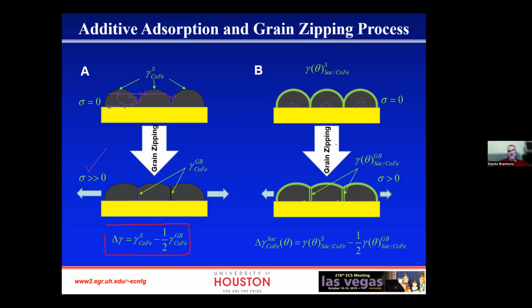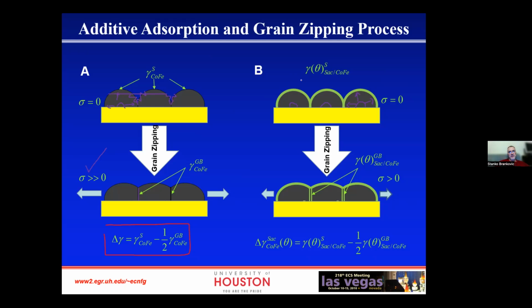I can't draw because my pen is not working really well, so I just want to imitate a good drawing here. What really happens is that instantly the surface of the substrate or the surface of the nuclei is covered with some kind of a layer of organic additives adsorbing on that surface.